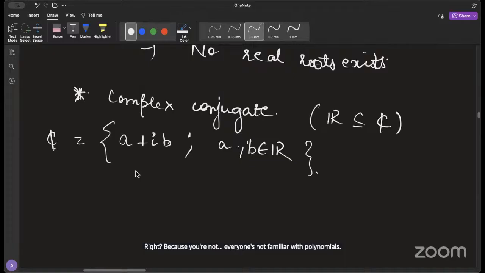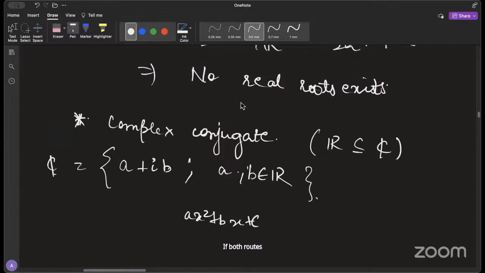Then first thing is quadratic functions can only have 2 roots, right? If you have ax square plus bx plus c, then the maximum number of roots it can have is 2. You cannot have more than 2 roots, right? We've already seen this in examples.